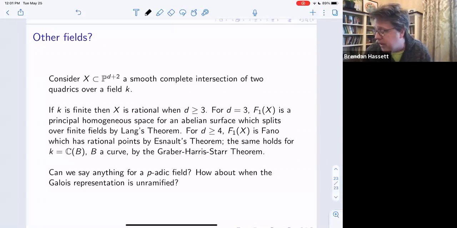But let's assume that the Galois representation is at least unramified. What can we say? It would be really nice to have a Krasnov style classification over local fields, at least in cases where there's no complicated wild ramification that you have to keep track of.